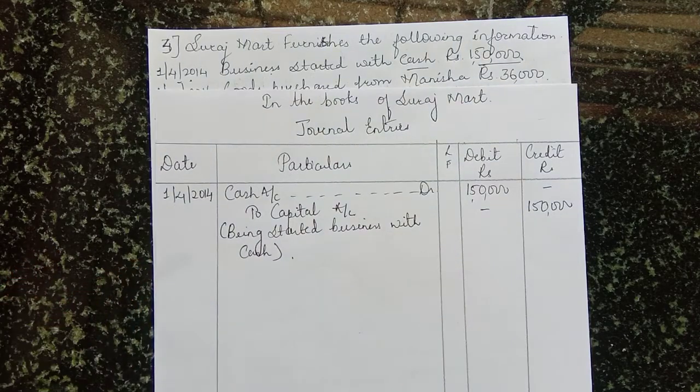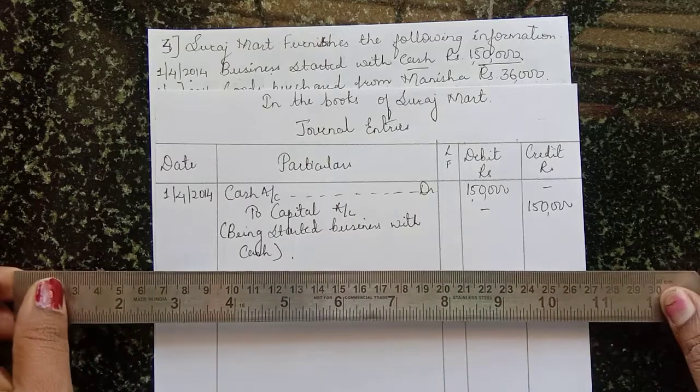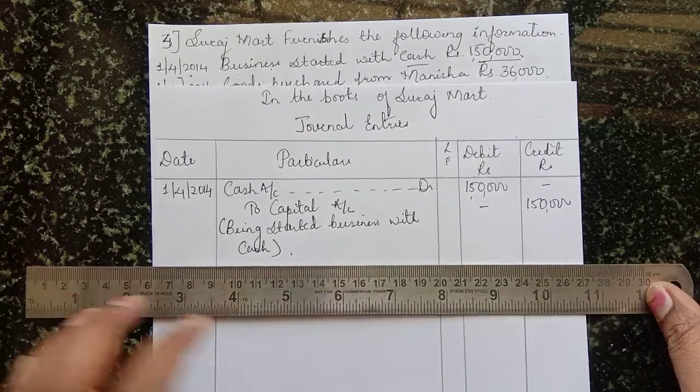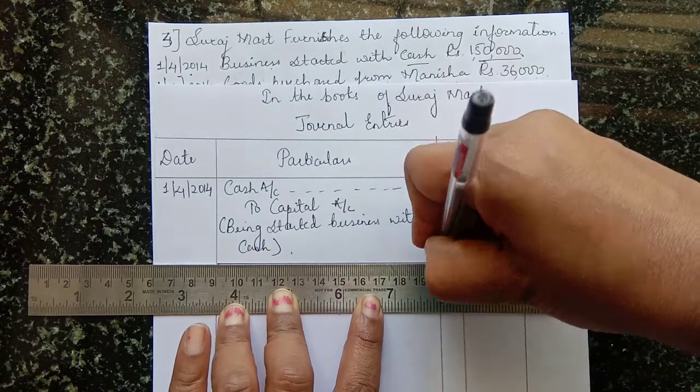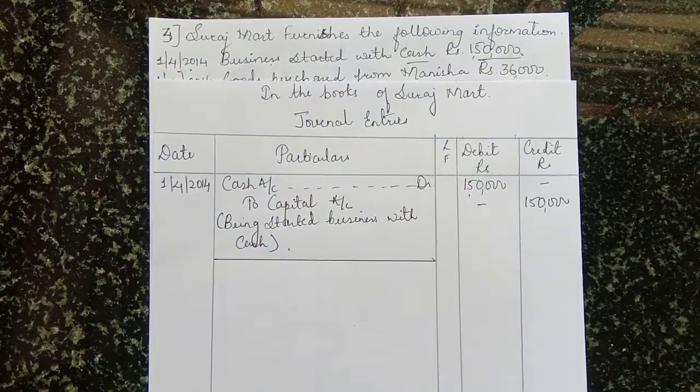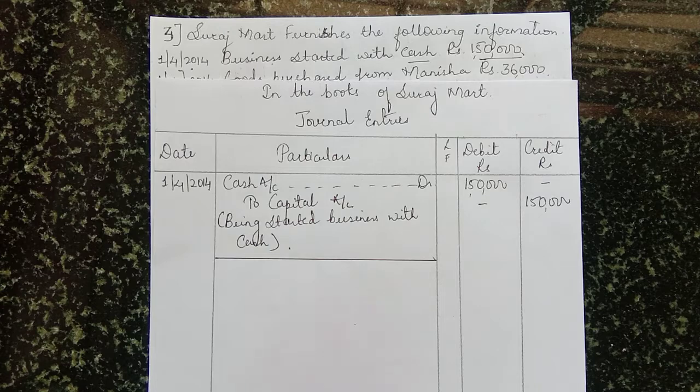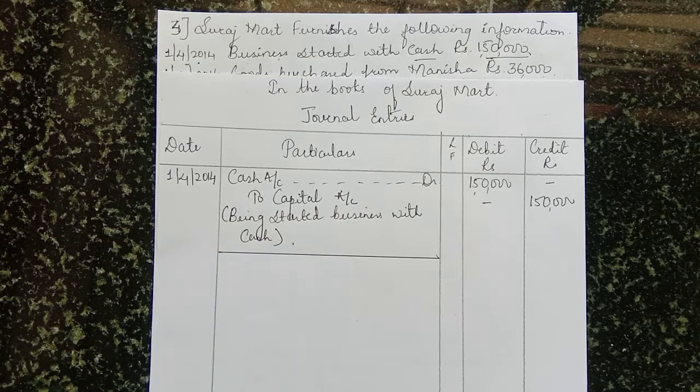Okay, so this completes the first journal entry. And next, what I had told, after each journal entry you have to draw a line in the particulars column only, right? Here it is a blank paper. When it is ruled paper, leave one line here, then draw the line. Then only it looks neat.